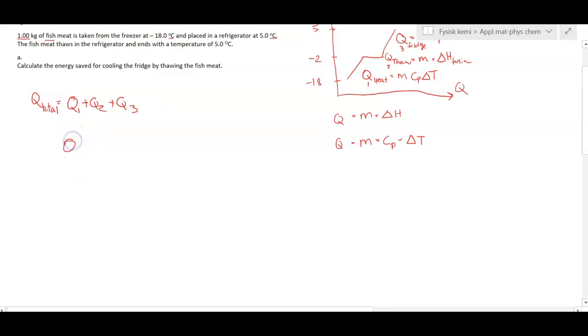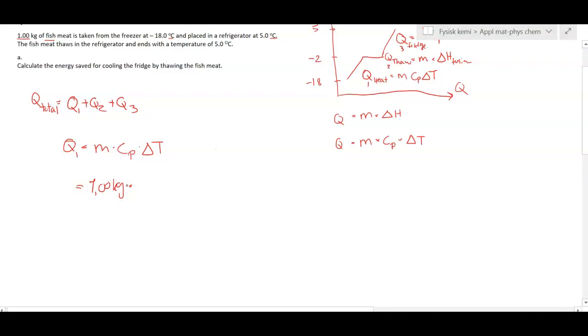So Q1 equals mass times the specific heat capacity times the change in temperature. And the mass was 1 kilo.